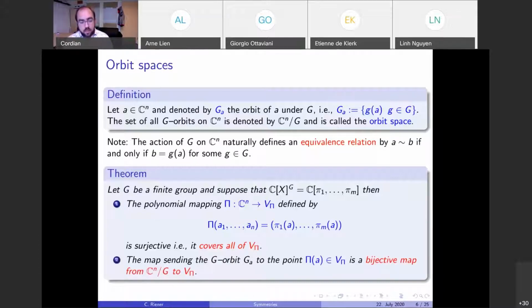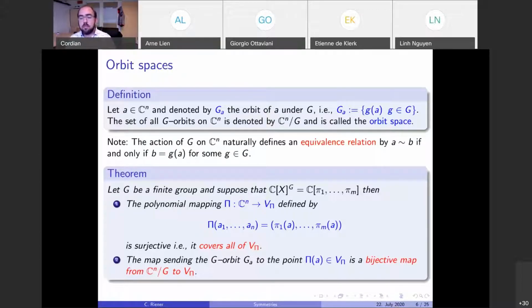In particular, we can define a map that takes a G orbit, Ga, and maps it to the point π(a), by taking a representative of this orbit and using the map π.